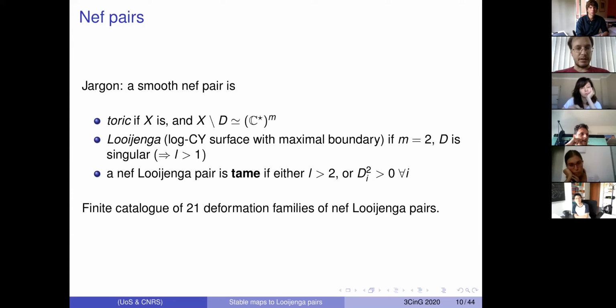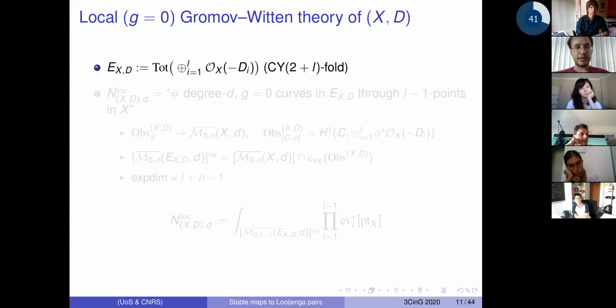Good. I would like to attach enumerative invariants to X, a nef Looijenga pair, and I'm going to use D to define two very different in flavor geometric problems.